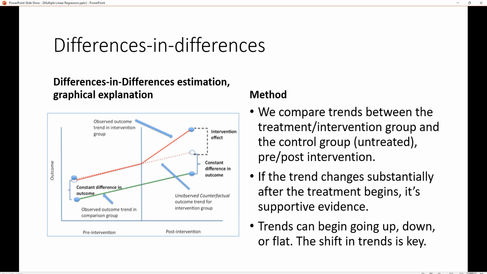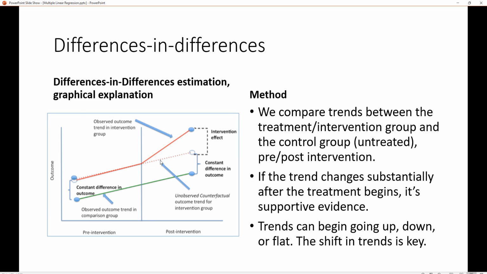So those would be your intervention and control groups. And we see that pre-intervention, they do show some improvement. Those rates are going up for both groups. And to the right, we see how those trends look after the intervention's been implemented.